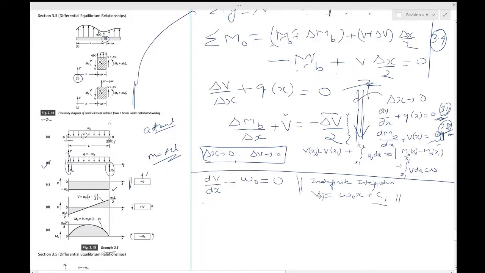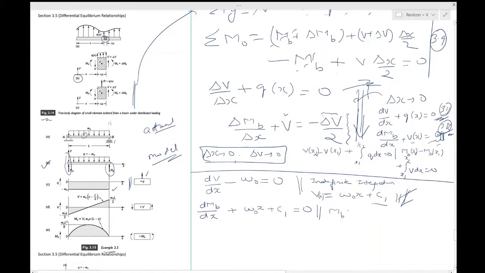So let's write dMB by dx. What is V of x over here? We have just found it out. So we'll write plus V of x, as minus W naught x plus C1, is equal to 0. And now you would want to again perform an indefinite integration, and this time you'll have these quadratic terms.